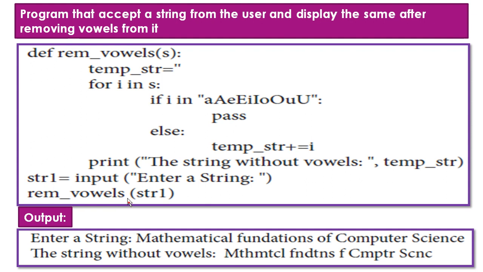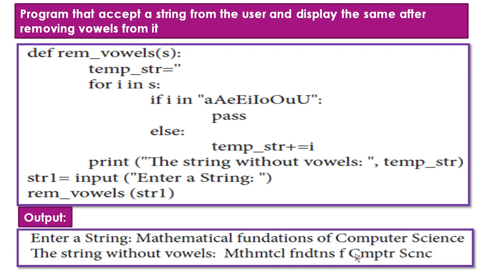Here remove_vowels is the function. So it calls remove_vowels. The str1 value passes to s. So mathematical foundations of computer science is passed to small s. Now the resultant value is stored in the variable temp_str.